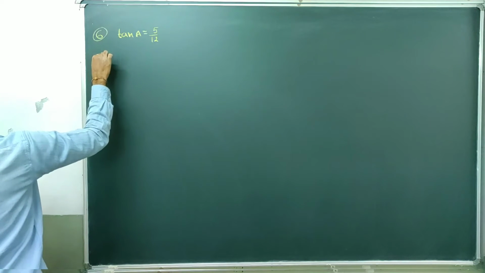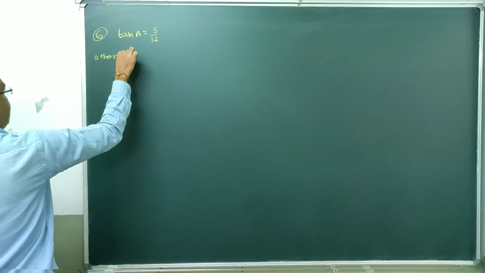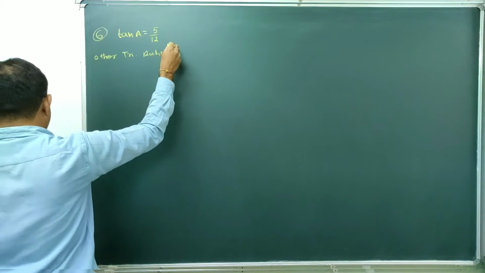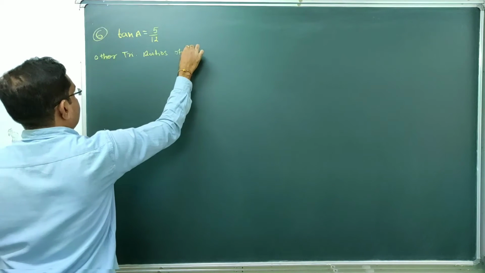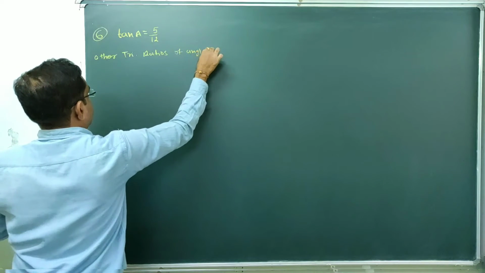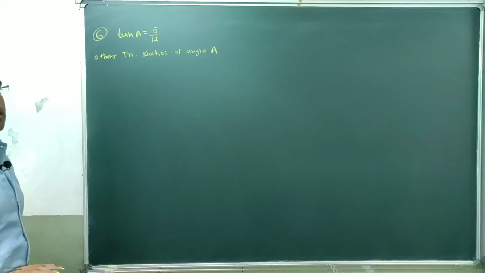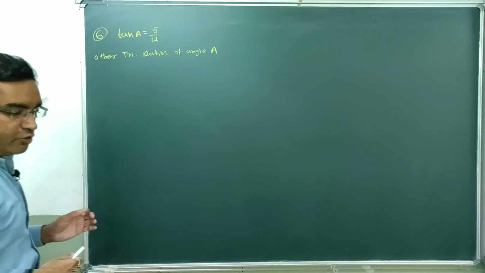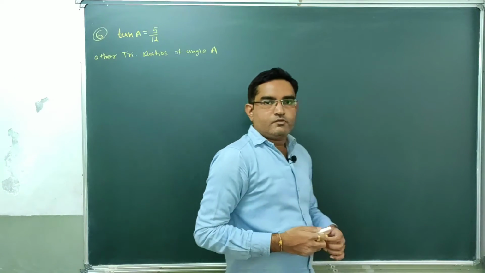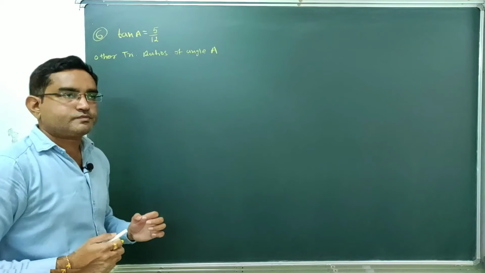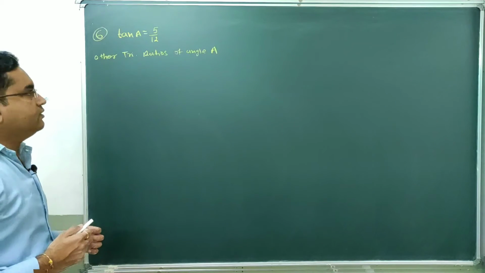Find the other trigonometric ratios of angle A. We have to find other trigonometric ratios of angle A. So total 6 trigonometric ratios are there. For angle A, it can be sin A, cos A, cosec A, cot A. Done?